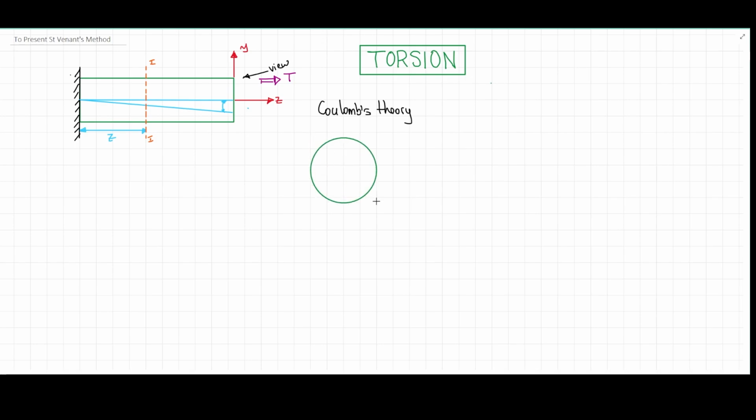We remember that in this circular section, I'm going to draw a reference axis here, from this point to this point, being this X, for example, and this Y. We've seen that the distribution of stresses caused by that torque is something like this.